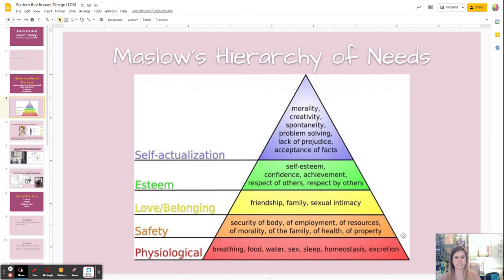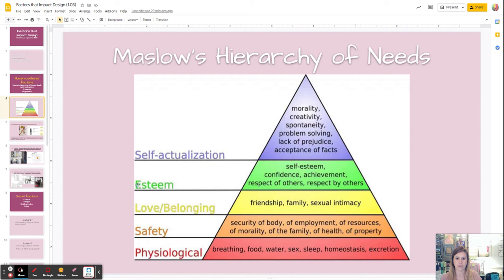So basically what he says is that you have to meet everything in each level before you can move on to the next level of this pyramid. So you have to have your physiological needs, things that keep you alive, before you can feel safe. So you have to feel safe, all of these things, before you can feel loved and belong.